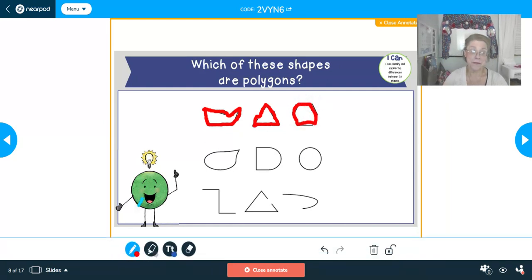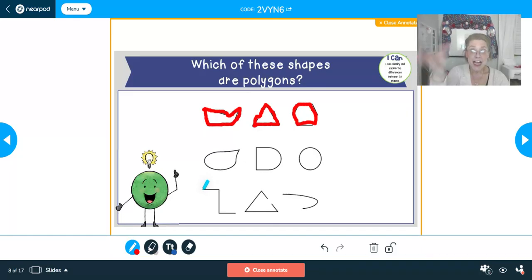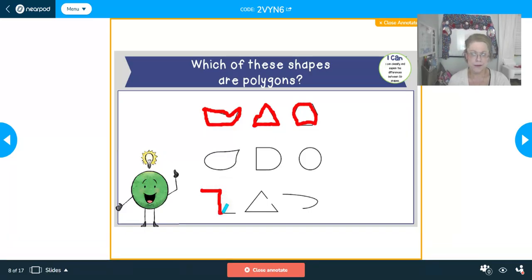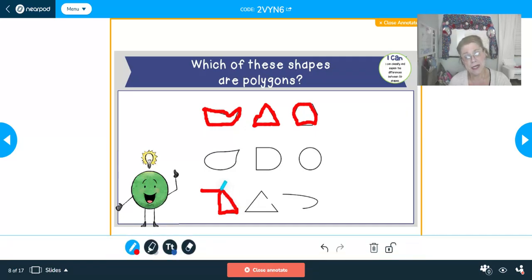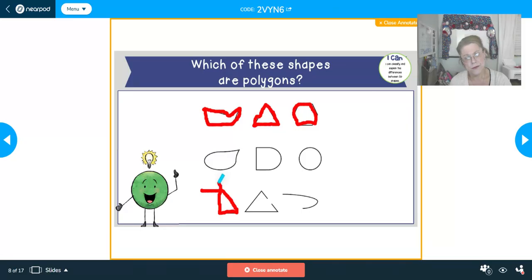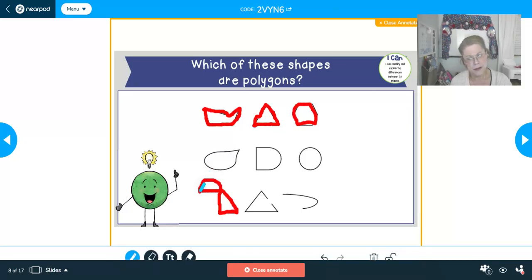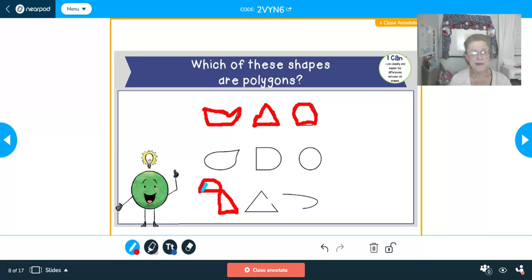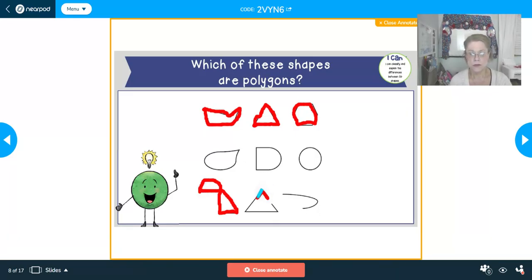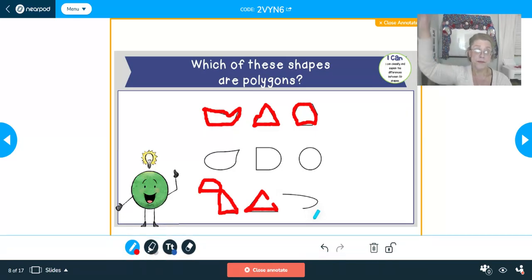But the top one, they were all three closed shapes. But this one, that's not even a closed shape. I would have to loop around maybe to make that a closed shape. Maybe? And then this one, no, I can't even. I'm done.